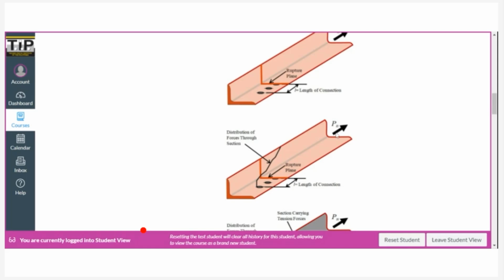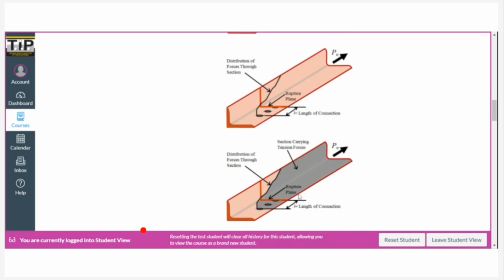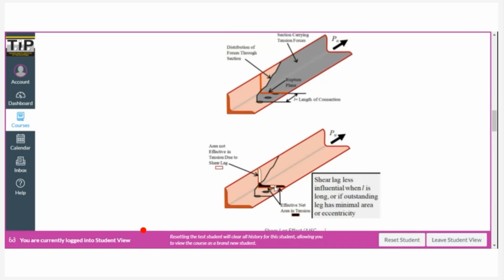Mas ramdam dito kasi mas malapit siya sa kung saan yung load rather than at this point. Right? So what happens is that, for example, if we consider the rupture plane here earlier, the effective area that resists the load at this particular portion is actually ito lang.